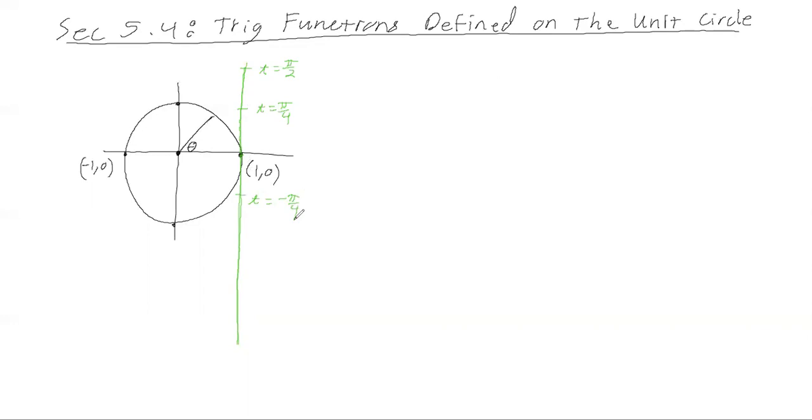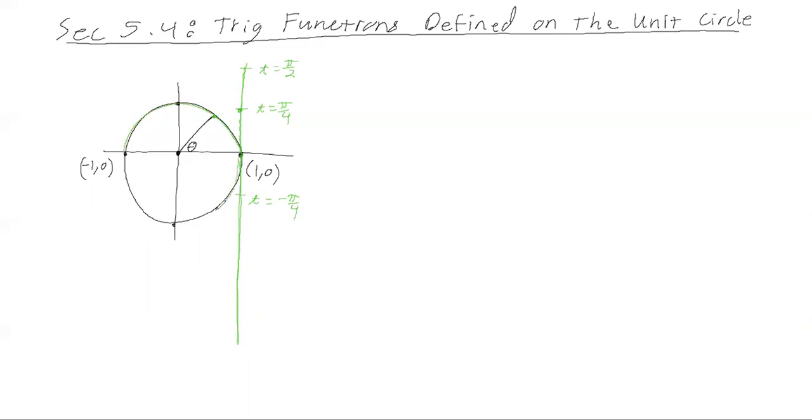All right, so think of a number line as being vertical here. This point on your number line we could look at as corresponding to this point. In other words, we're taking this number line and thinking of wrapping it around the circle like that, the positive values and the negative values.